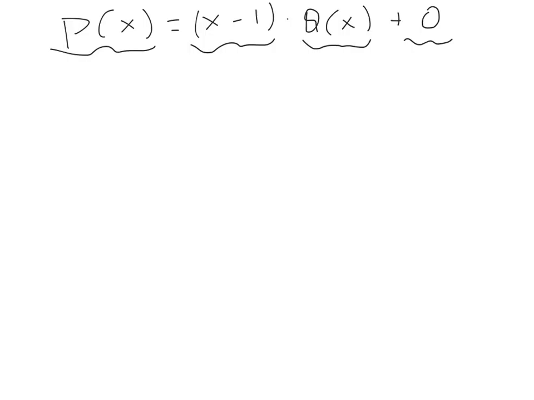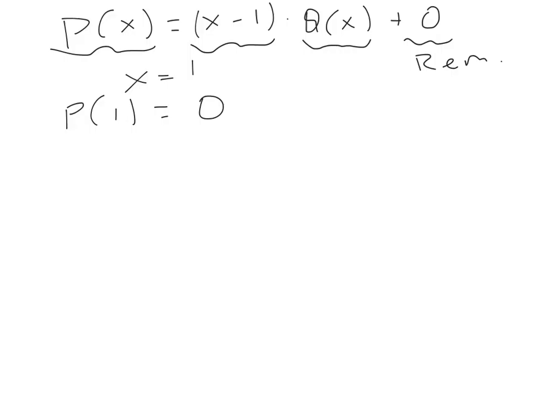So if I plug in 1 for x, p of 1 must be 0 because the remainder is 0. Why is it 0? Because I know that the polynomial is divisible by x minus 1. Therefore, let's remember what p of x was.